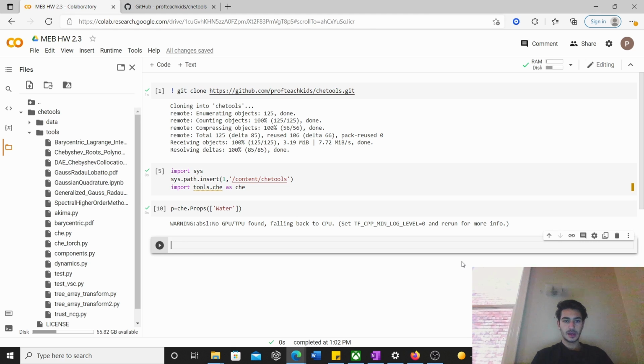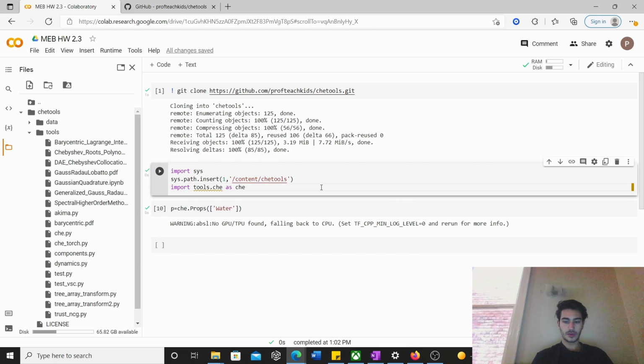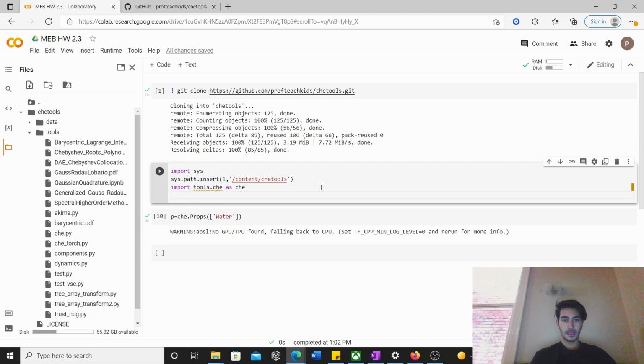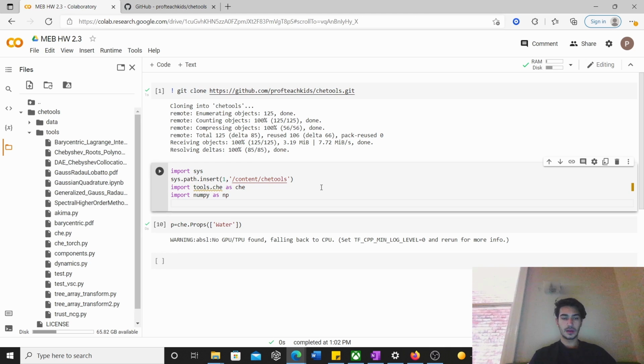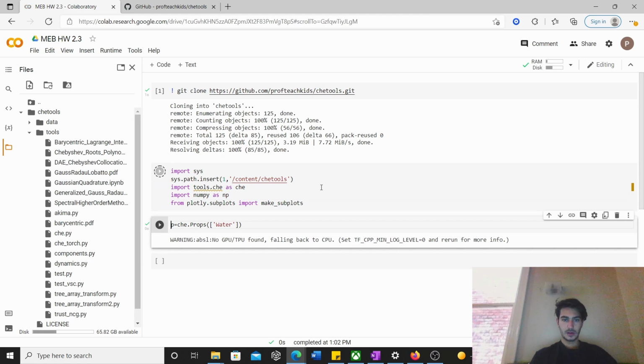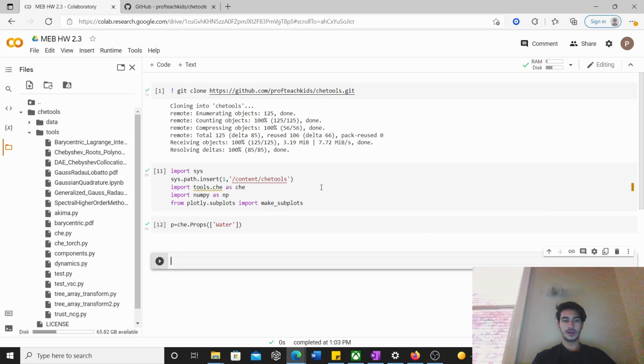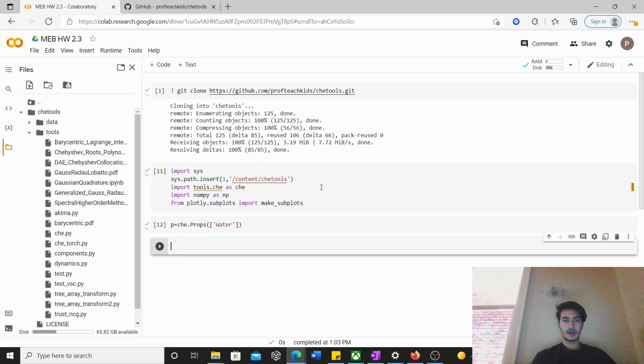Last thing, we want to import numpy, so we're going to import numpy as np, and then from plotly.subplots import make_subplots. There we have it. We have all of our nitty-gritty stuff together, and all the fundamentals ready.